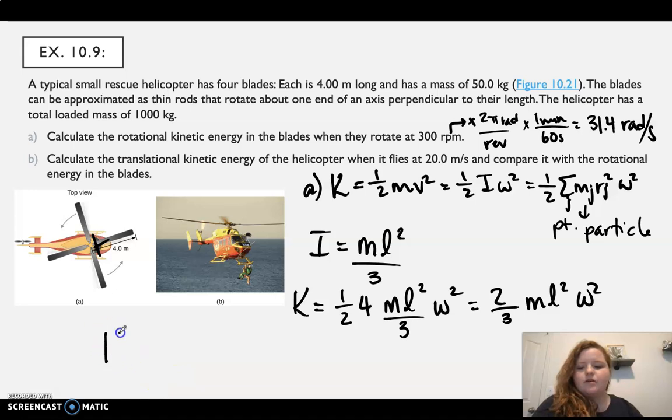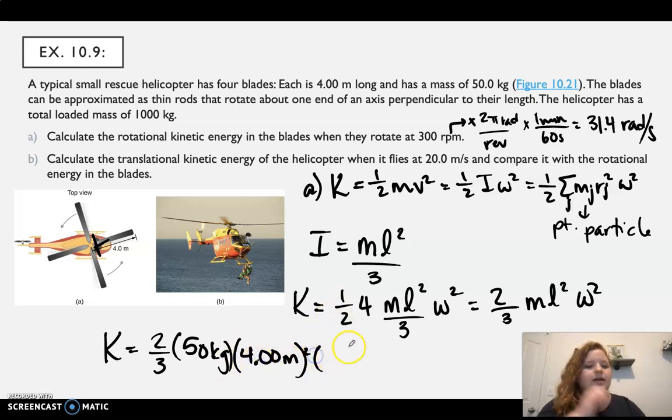Our mass is 50 kilograms. Our length is 4 meters. And our omega is going to be 31.4 radians per second, and we're going to square that as well.